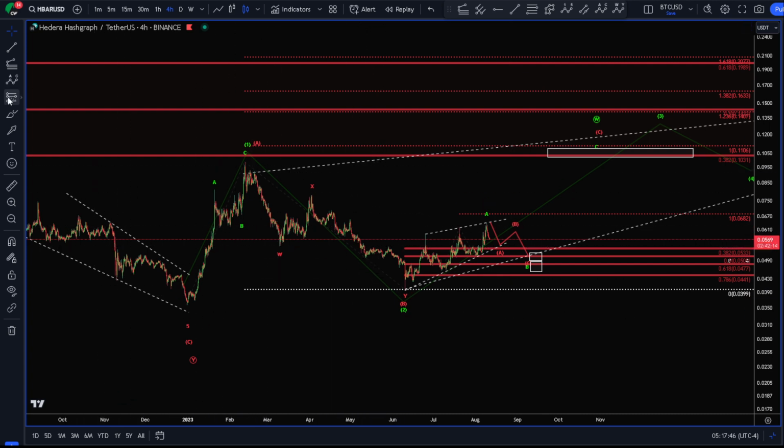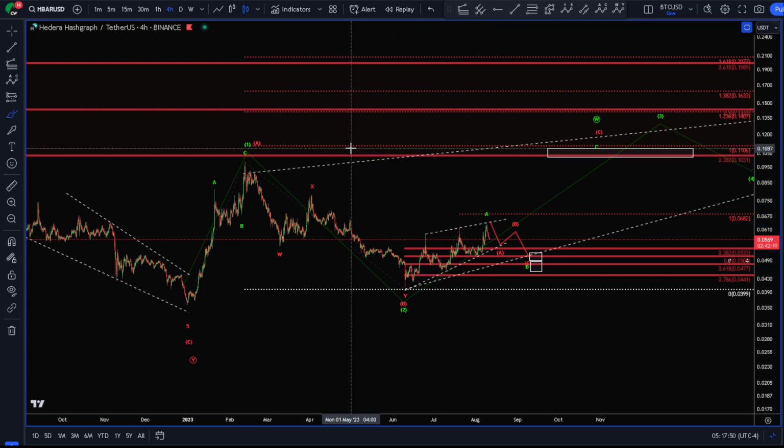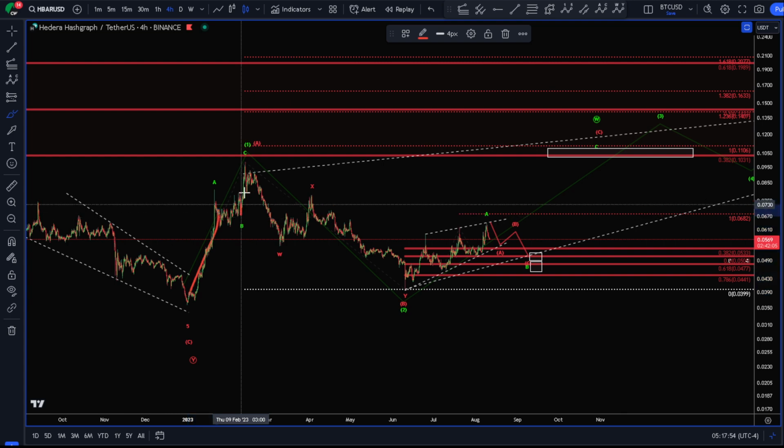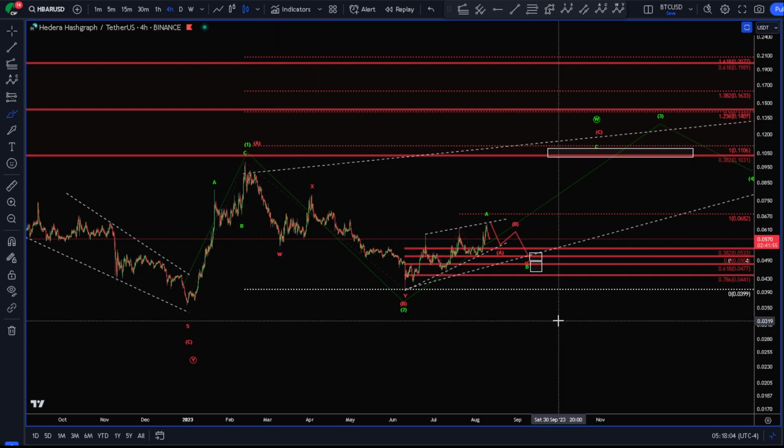I prefer a 3 wave just because of the size of the correction here. And A to C is actually 0.618 extension off the B, so it does meet the requirements to be a 3 wave. We then have a complex correction down, which I have as a WXY.